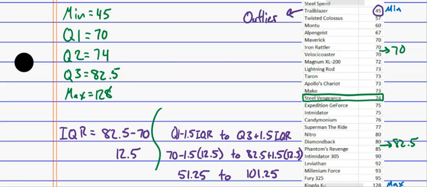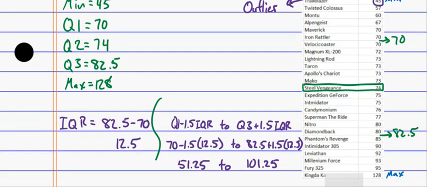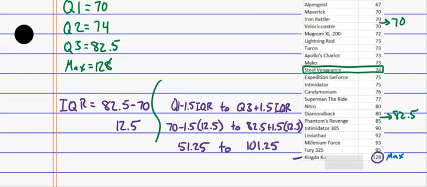The outlier rule tells me the acceptable range of data values, and anything outside of that is an outlier. The other one is this very last one, the 128, which also does not fall within 51.25 to 101.25, so it is also an outlier.